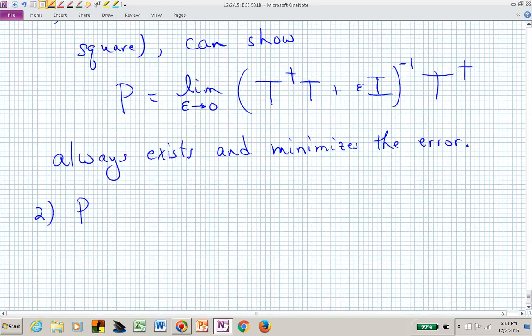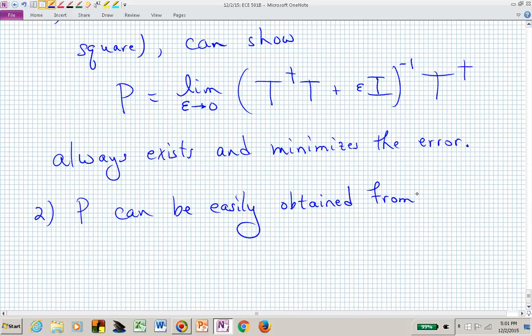Here's what I like. This pseudo-inverse P can be easily obtained from the singular value decomposition.